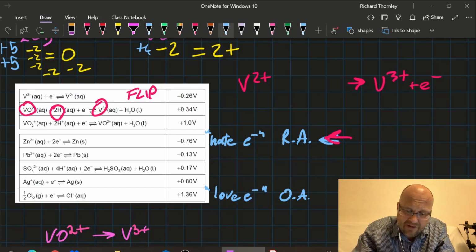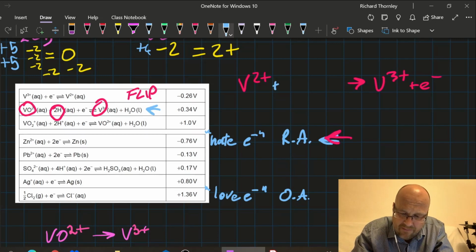Now I'm just going to add in the other equation, this one here. Fill that in, VO2+ plus 2H+ plus an electron. And then on the other side, I've got some more V3+ and some water.